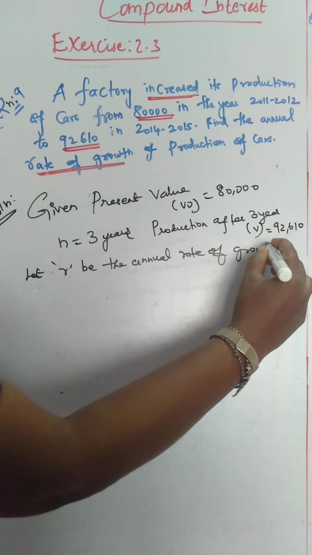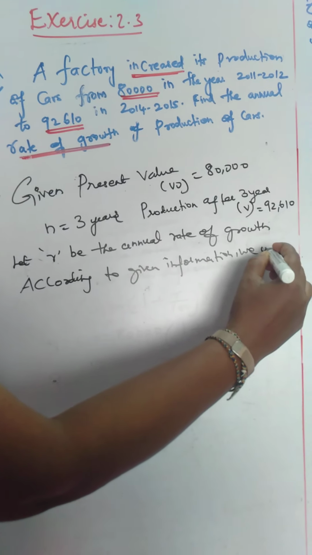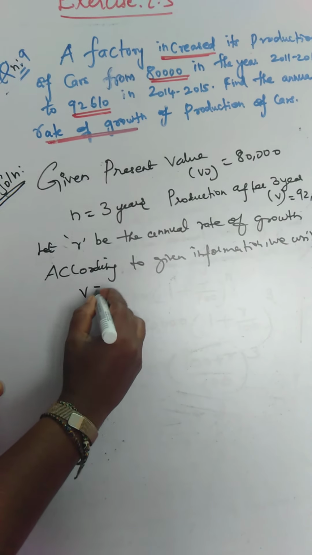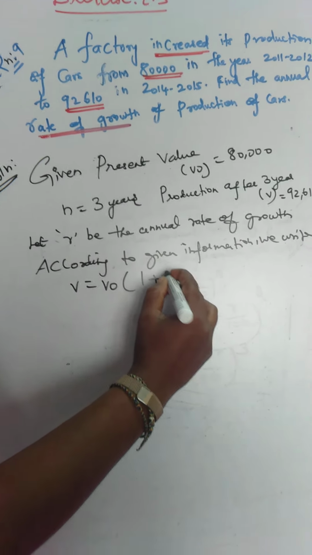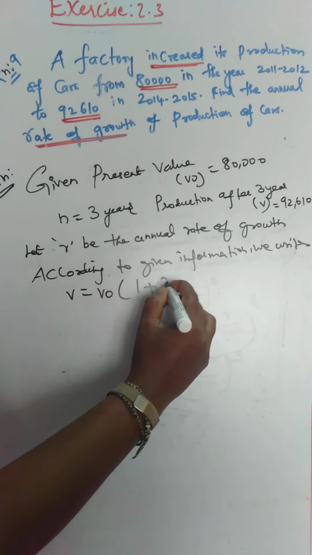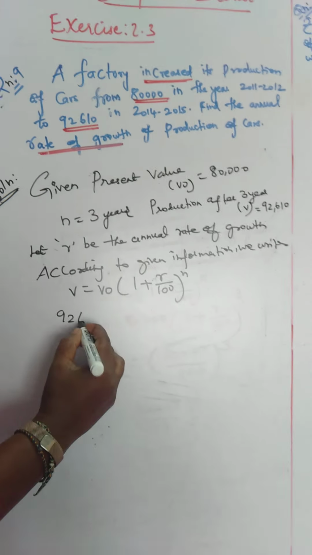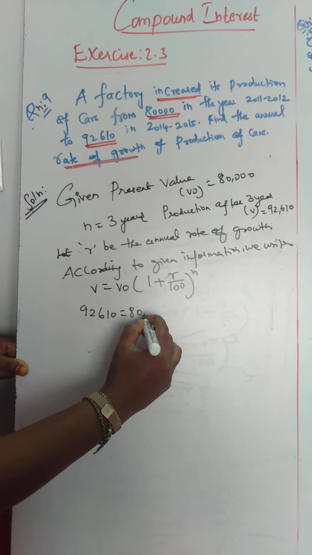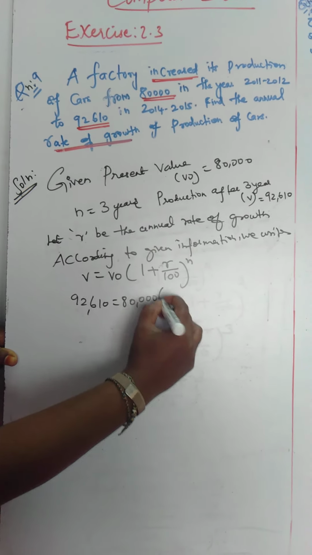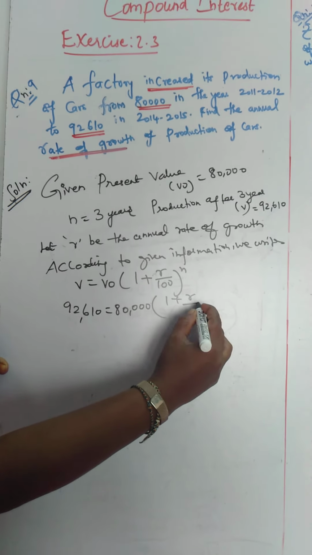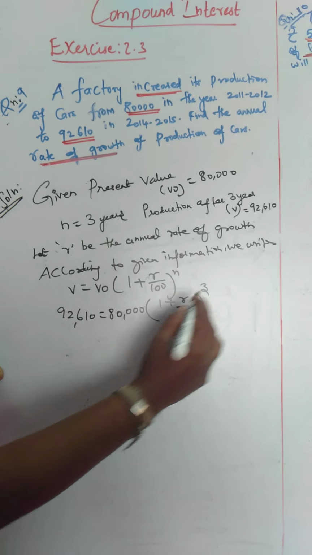According to given information, we write V is equal to V naught into 1 plus R by 100 the whole power n, as it increased, right? So V here is 92,610 and V naught is 80,000. Then 1 plus R by 100 the whole power n, here n is 3, right?